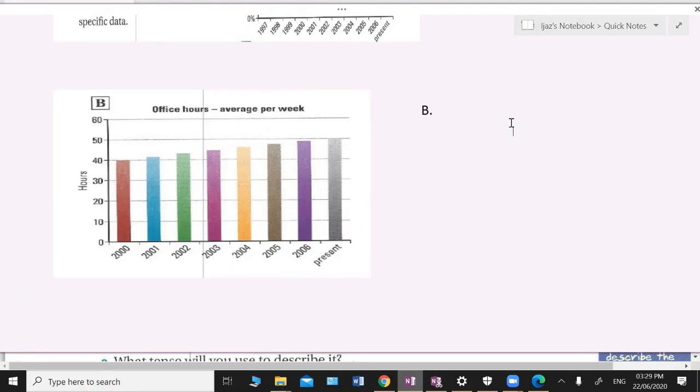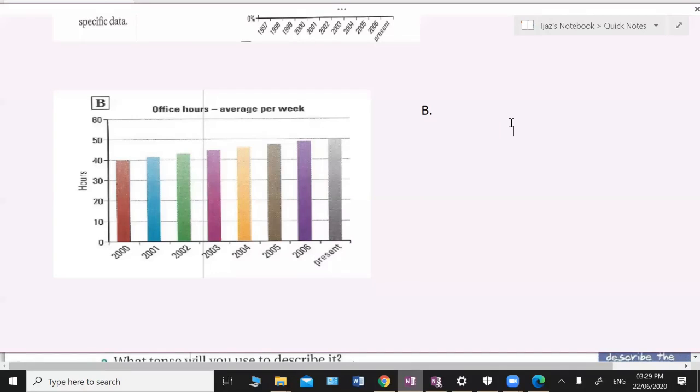So again, I want you to write 3 sentences. First sentence, what is this graph about? Okay. Second sentence, write an overall sentence which summarizes this whole graph, and then one sentence which gives specific information about this graph.